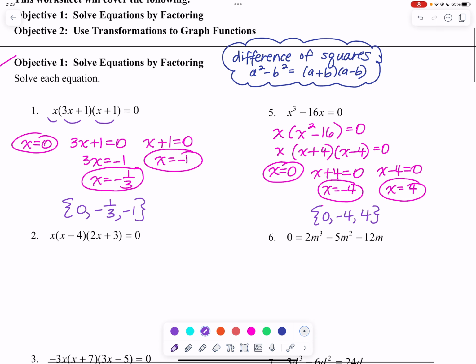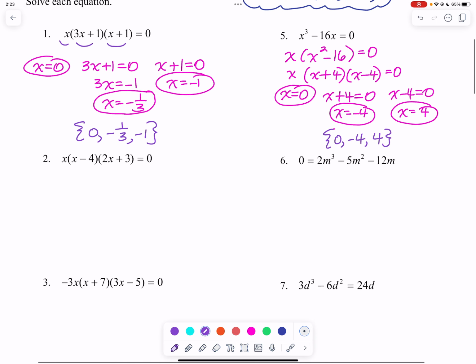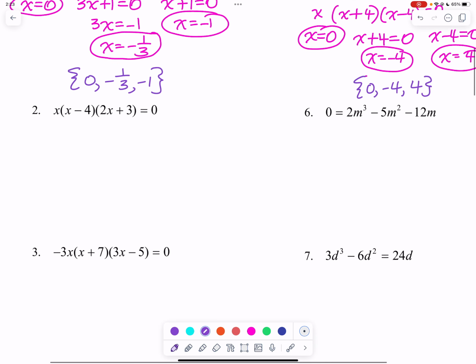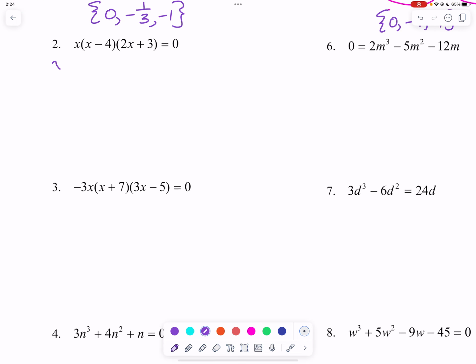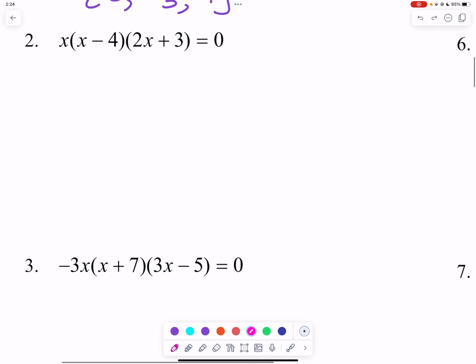Okay, kind of jumping around here. We'll go to number 2. Again, the same zero product property, already factored for us. We have that x is equal to 0, x minus 4 is equal to 0, or 2x plus 3 is equal to 0.